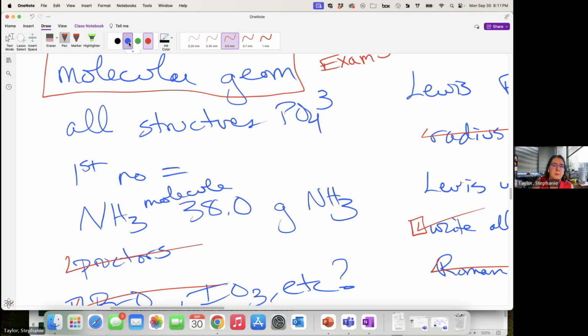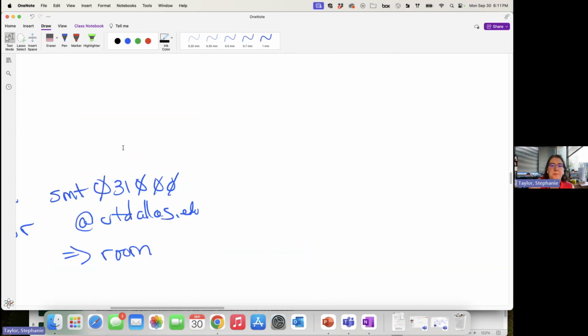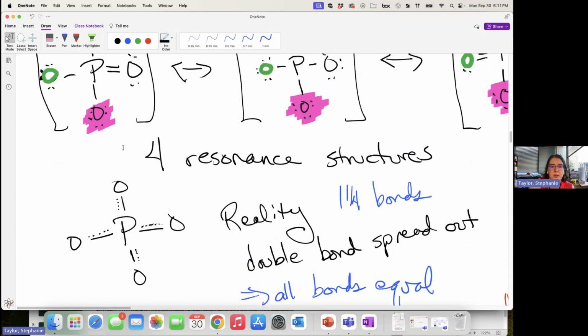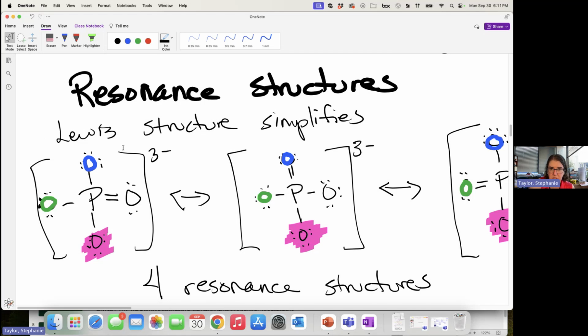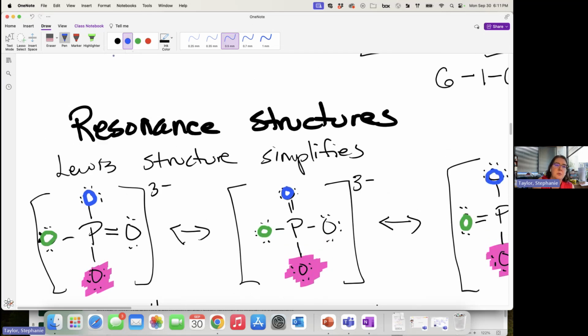So people were asking questions back on the phosphate example. So part of the game with the phosphate example is it depends on what the question asks. If the question says to draw all resonance structures, then you have to draw all the resonance structures.